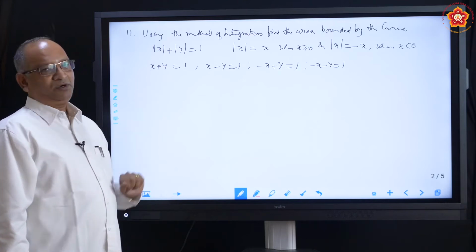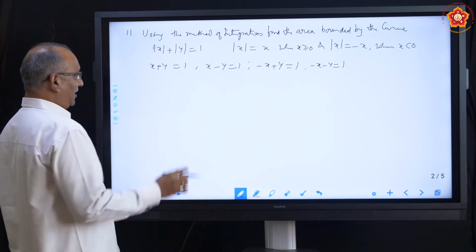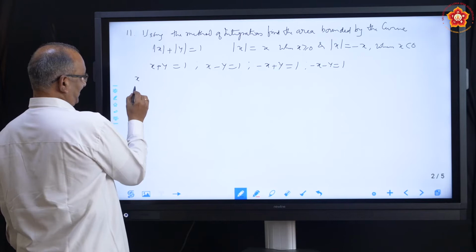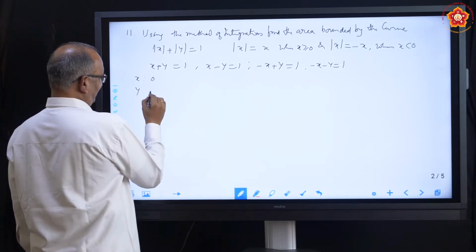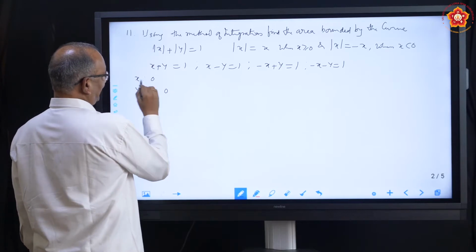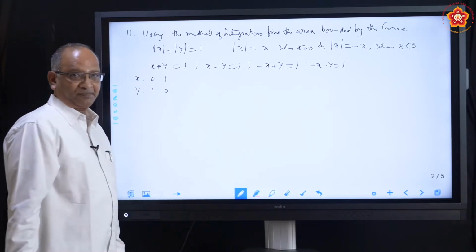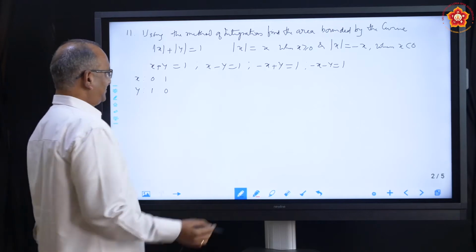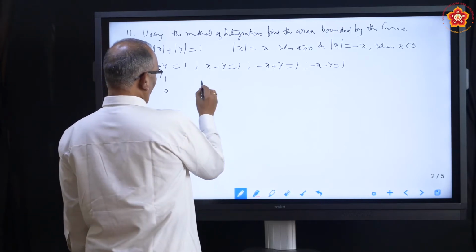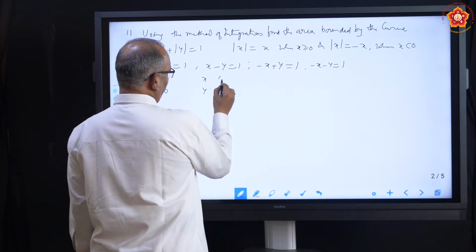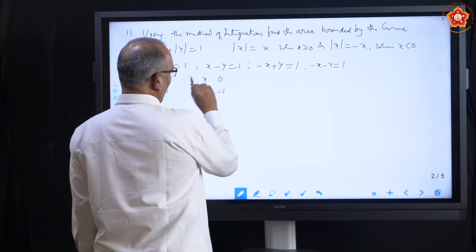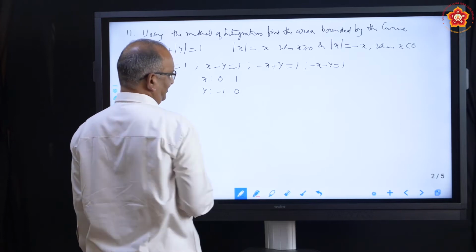x plus y equal to 1. If you take the points, x is 0, y is 1. y is 0, x is 1. For the second one, if you take the points x and y, x is 0, y is minus 1. y is 0, x is 1.